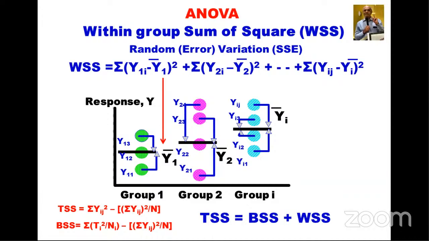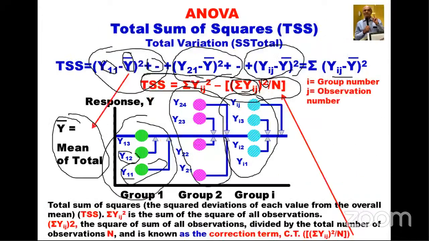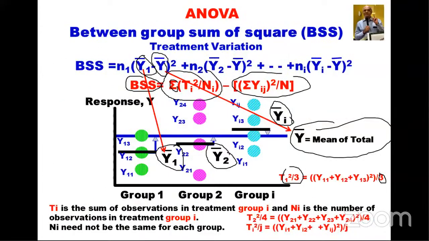In all, I have written the three formulas, and TSS is equal to BSS plus WSS. So the total variation, the sum of squares, is equal to between the group plus within the group. Okay, so this is an important concept to understand.